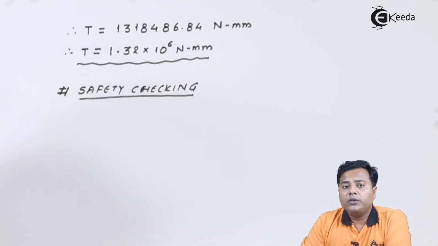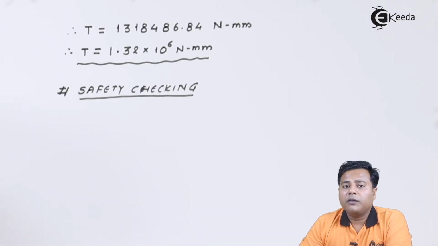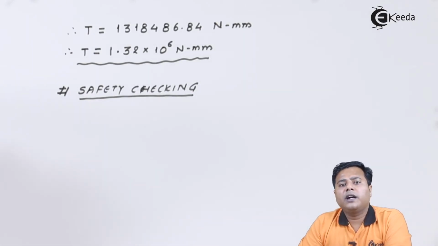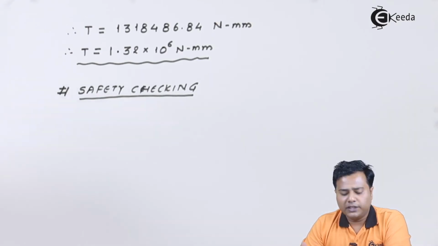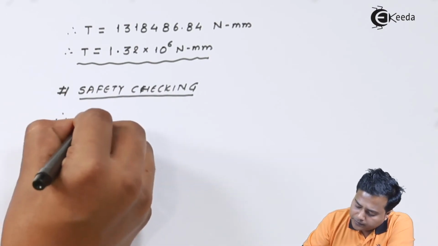Under this, we know that the best failure theory applicable to power screws is the combined stress theory, and for that we have to go for combined loading. The combined loading which we have considered here is compressive as well as shear. So let us move ahead with checking for combined loading.